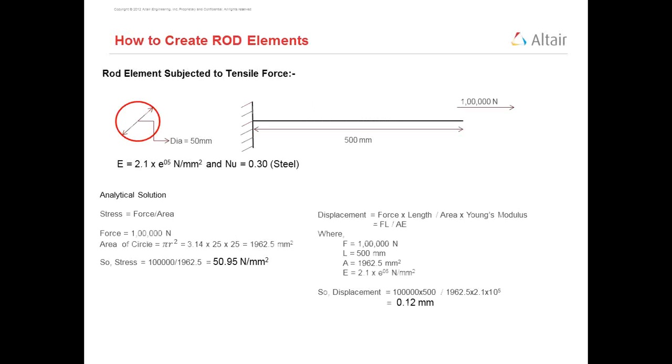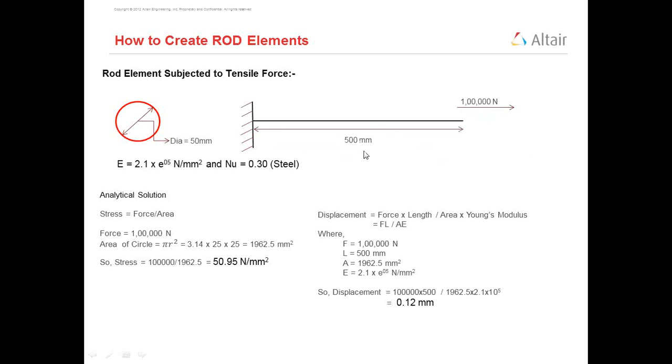So let's start with the first topic, how to create rod element. We will first solve this problem analytically, that is a rod element subjected to tensile force. The cross-sectional diameter of this rod element is 50 and it is constrained at one end, as you can see here, and a force of 1 lakh Newton is applied on the x-axis.